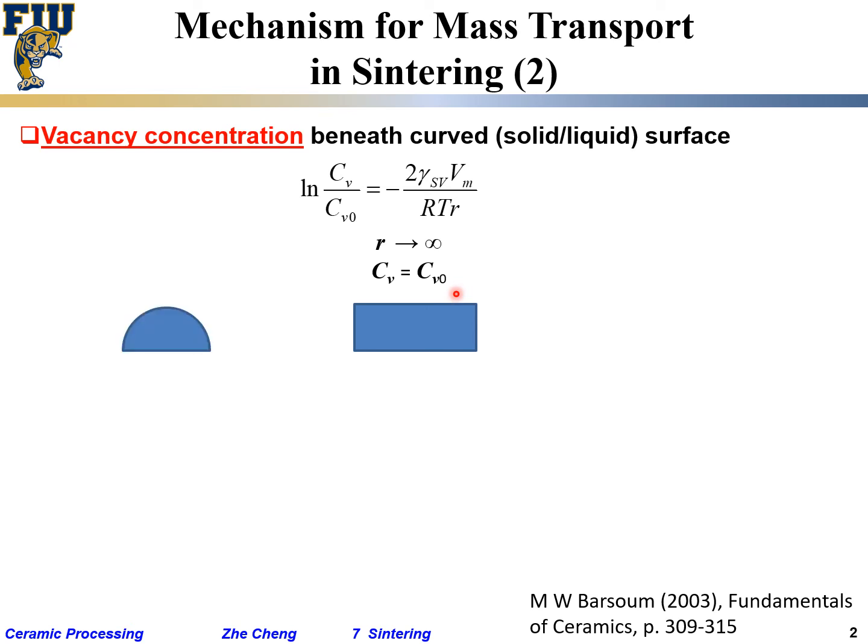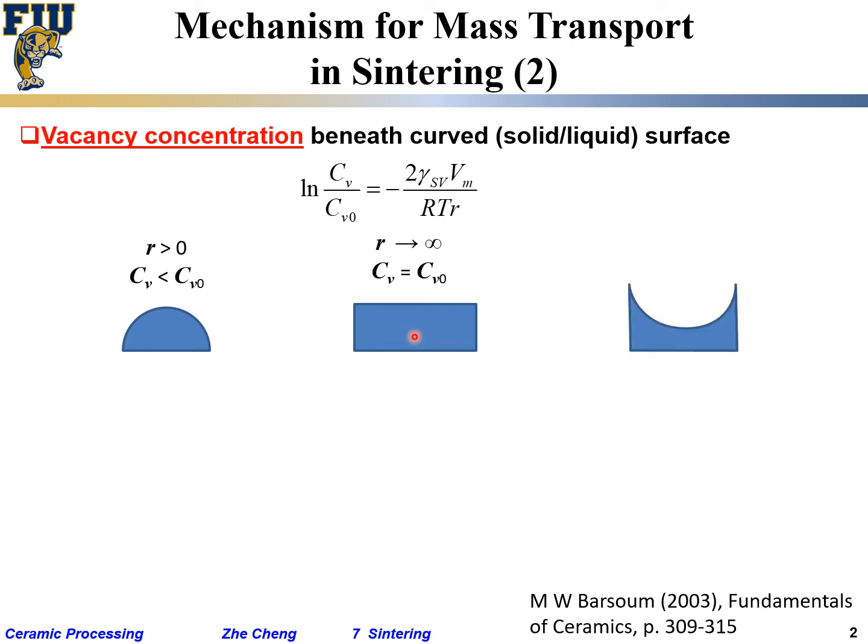On the other hand, if we have something like a local protrusion or a small particle with a finite, small, positive radius of curvature, my R is positive, but I have a negative sign here, which means my whole right side is negative. It means my vacancy concentration in this location is actually lower than when it's flat.